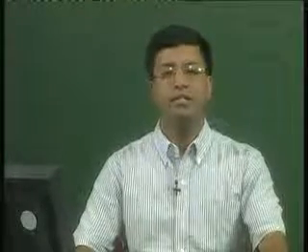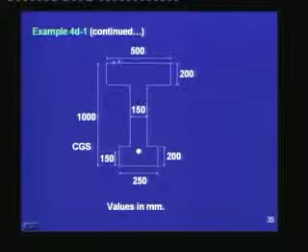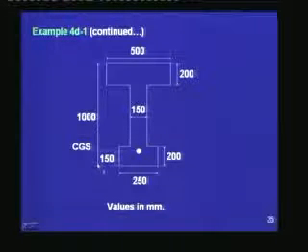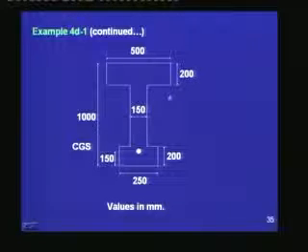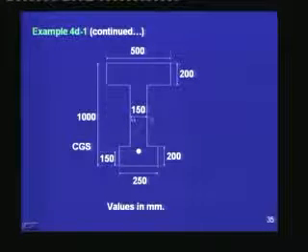The section is an unsymmetric I section where the top flange width is 500, the bottom flange width is 250 millimeters. The total depth is 1000 millimeters. The depth of both the flanges is 200 millimeters, and the width of the web is 150 millimeters.